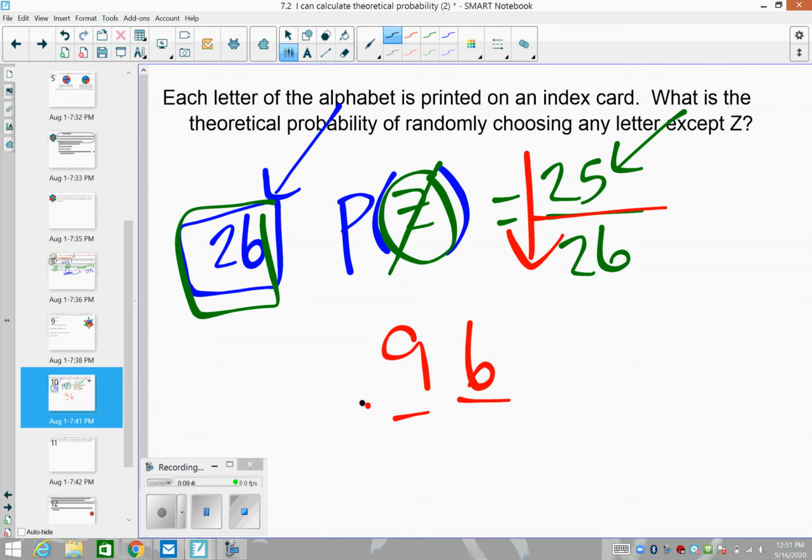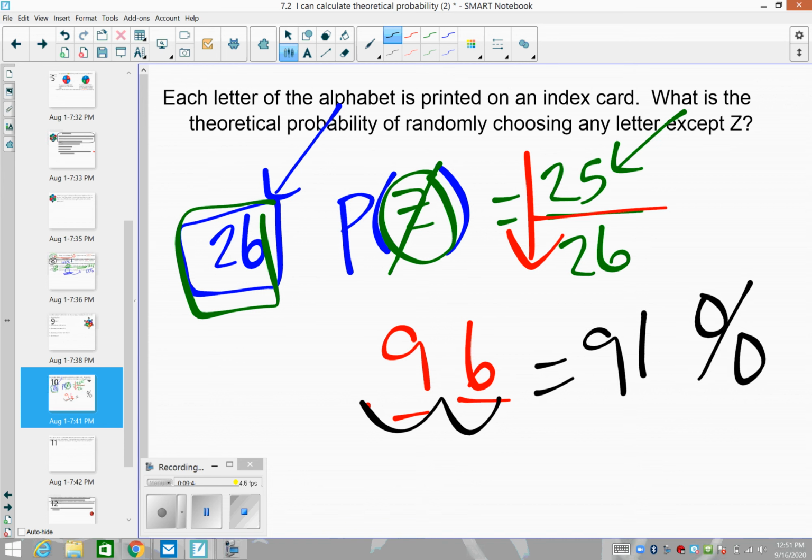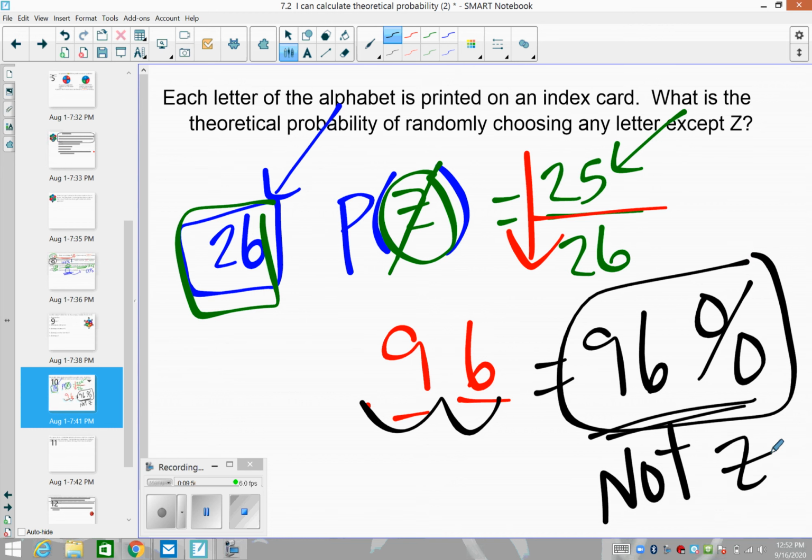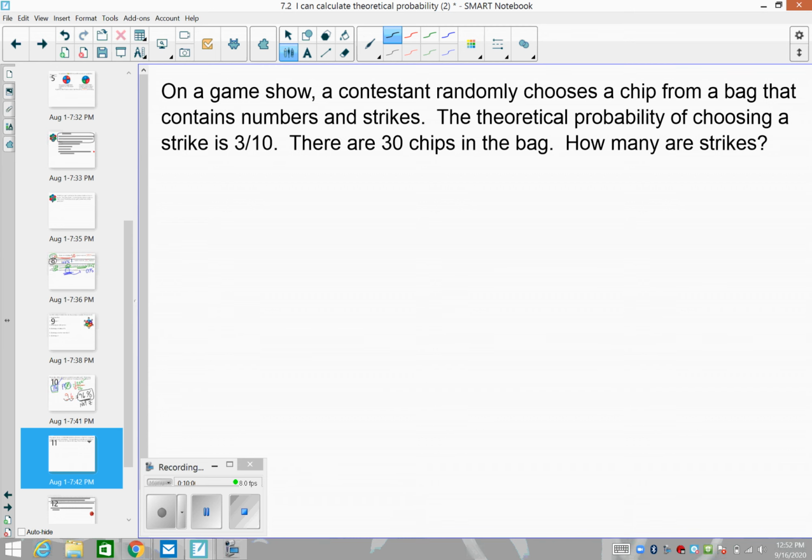When we convert that to a percentage, then that becomes a 96% chance that if you grab an index card out of a stack, the probability that you will grab a card that is not Z is 96% chance using theoretical probability.